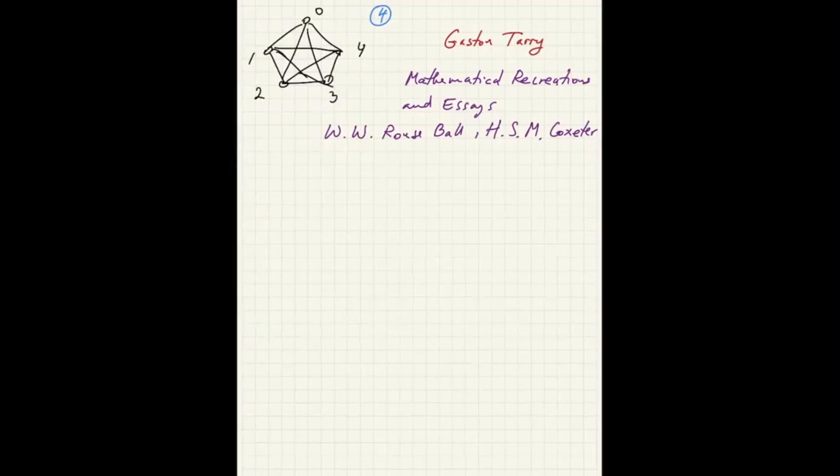Tarry, I looked it up, lived between 1843 and 1913. We'll talk about him later on when we talk about Latin squares, 6x6 Latin squares and so on. He talked about these figures. The term that he used was unicursal figure, one of these figures that you can write with one pen stroke from one vertex to the other.